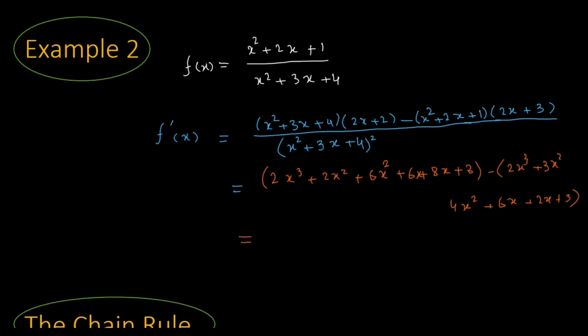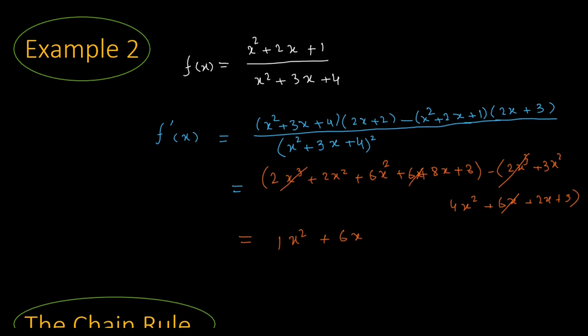So 2x cube minus 2x cube is cancelled, and 2x square plus 6x square is 8x square, and here it is 3x square plus 4x square, so it will be 7x square. Now 6x plus 8x is 14x, minus 6x minus 2x, so 6x will be cancelled out with 6x, and 8x minus 2x will be 6x.